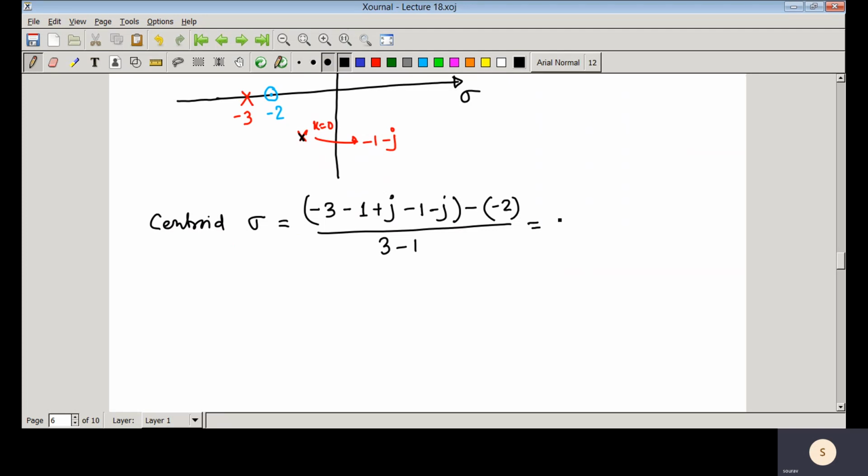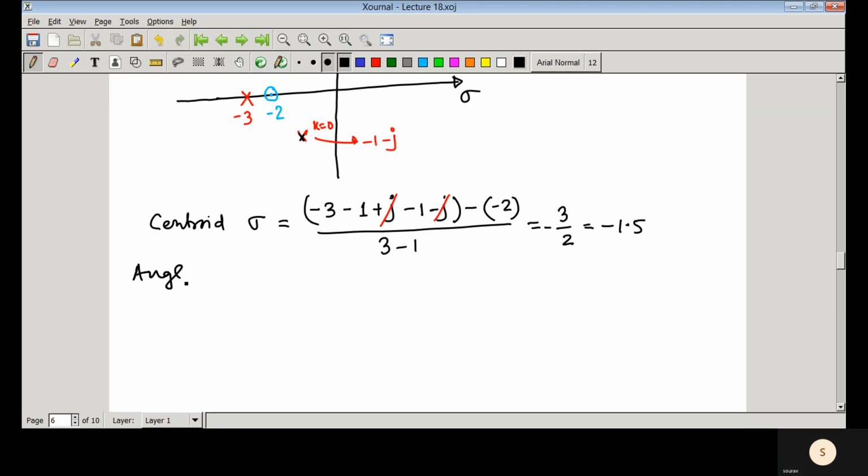One interesting thing you can see here, as the poles are complex conjugate poles, the j terms cancel out, and this value is minus 3 minus 1 minus 1 plus 2, that is minus 3 by 2, so that equals minus 1.5. So that is the centroid.